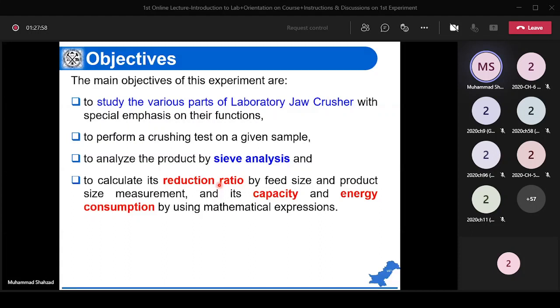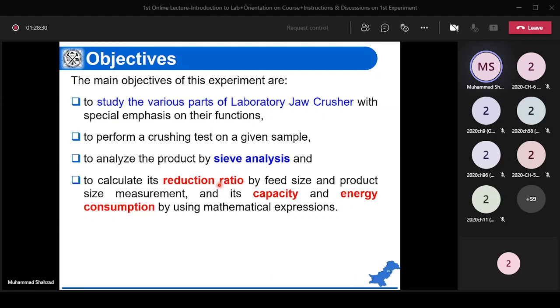So we are at the same point. We need a machine which can provide a higher reduction ratio, consuming less energy. And also, if the particles are present inside the machine for a larger time, they will be broken into further smaller particles.